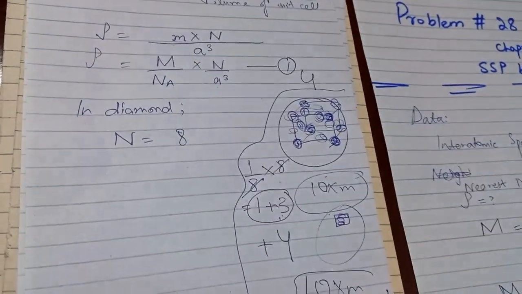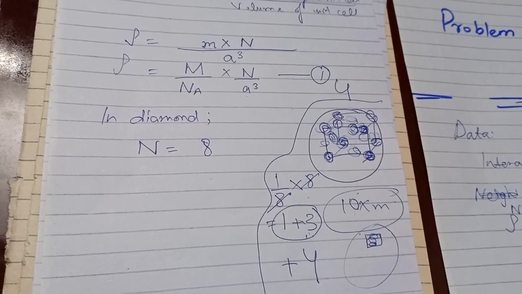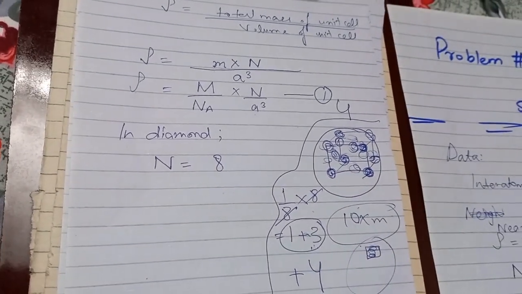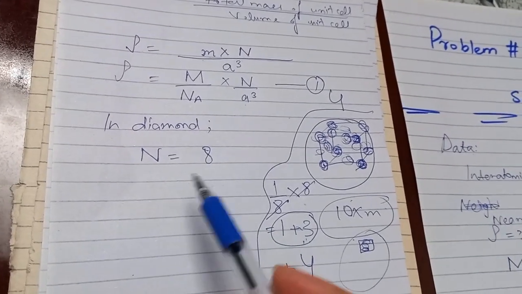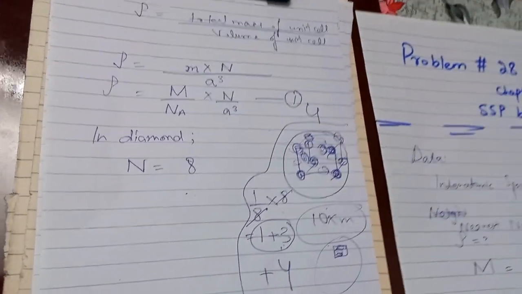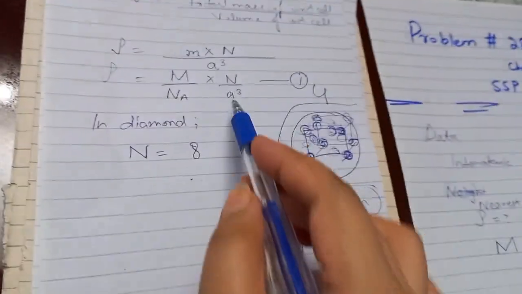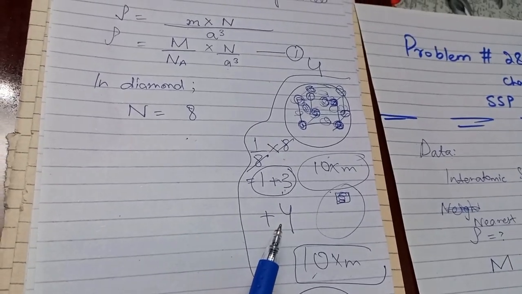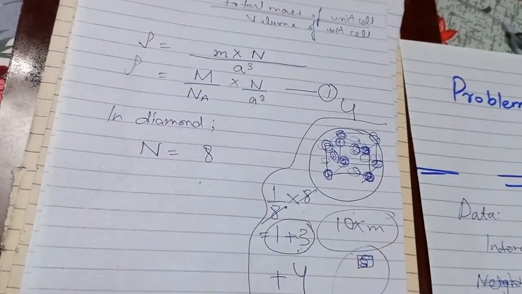The simple thing is to remember the net number of atoms in a diamond lattice, which will always be 8. If the structure is diamond-like, then the net number of atoms will be 8 for sure. And here for silicon as well, we'll use 8. And for A, we should know the relationship between the nearest neighbor distance, which we already know, and the lattice parameter, which is A here.